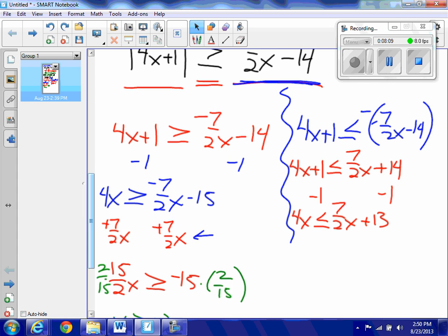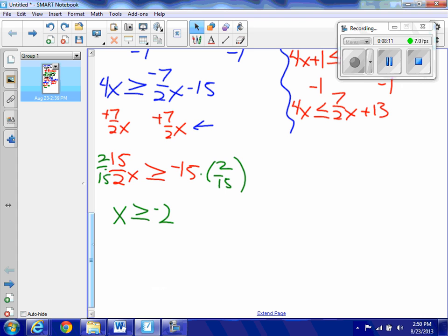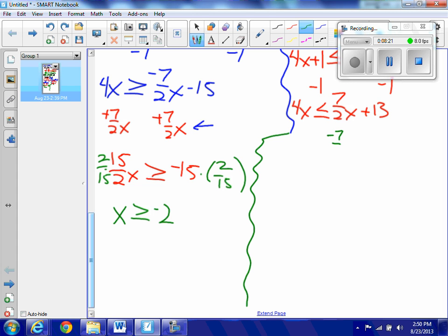I think I will now move my 7/2. Let's kind of move that line over here, give myself a little more room. Move my 7/2 x to the other side. So I'm going to subtract 7/2 x from both sides. And that gives me 1/2 x is less than or equal to positive 13.